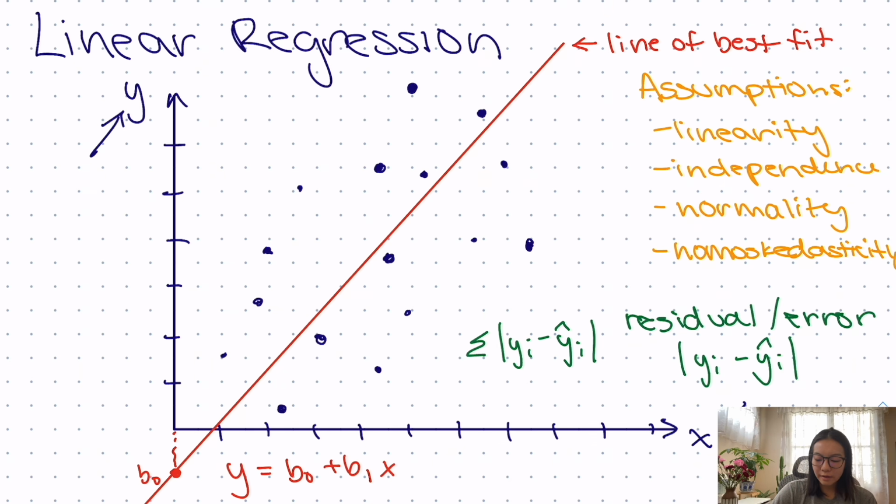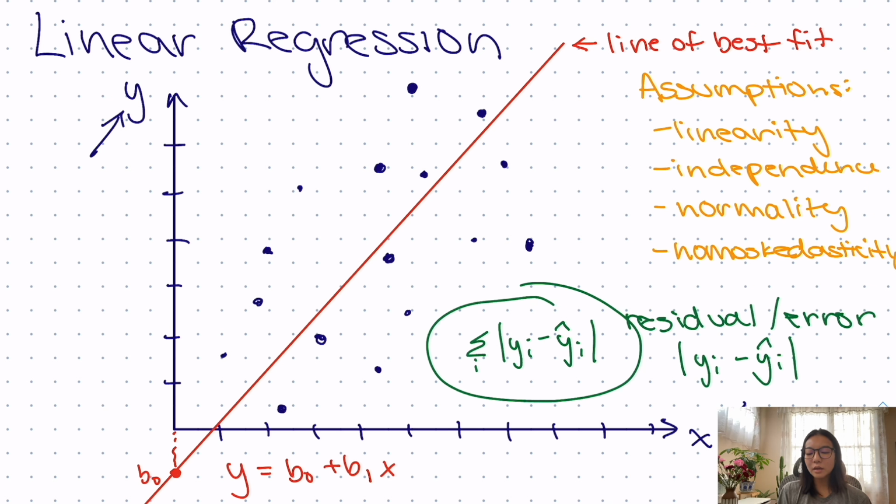I'm going to say, for all of the i's in our data set, so for all the different points, we're going to sum up all the residuals, and I'm going to try to decrease that with my line of best fit. So I'm going to find the B0 and B1 which gives me the lowest value of this, okay?